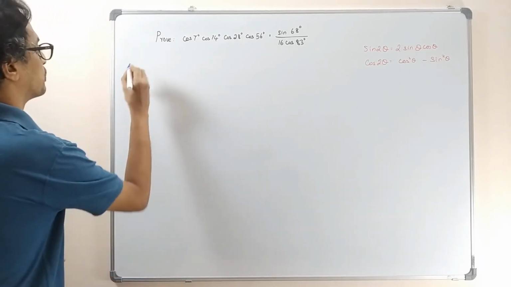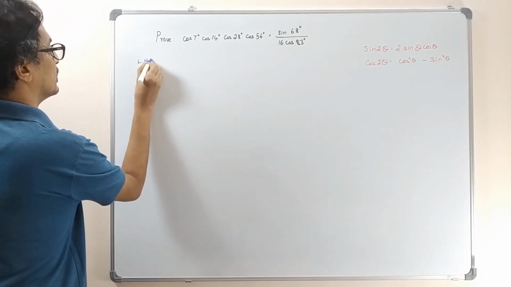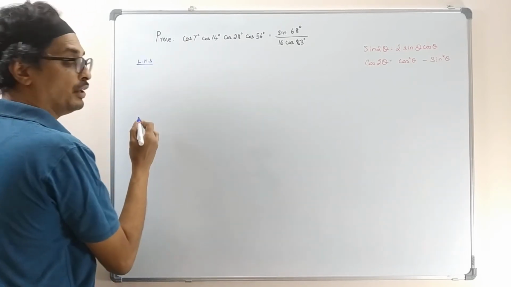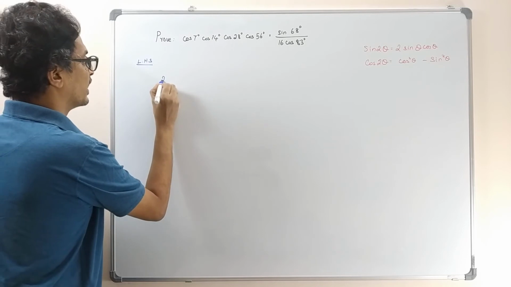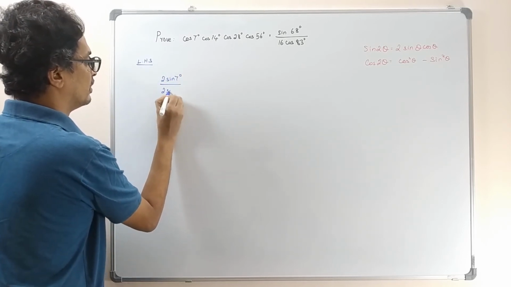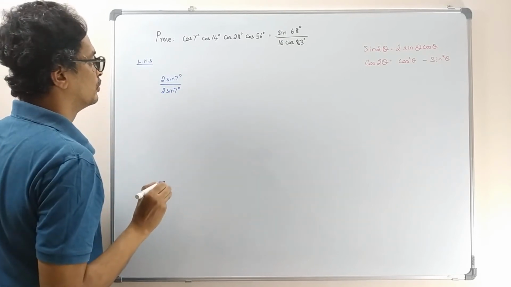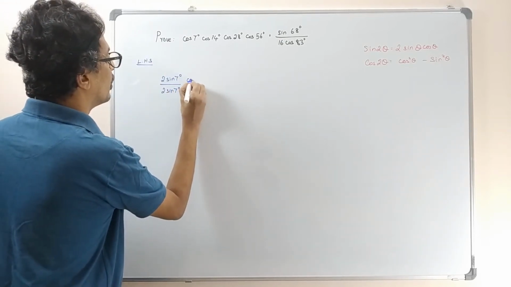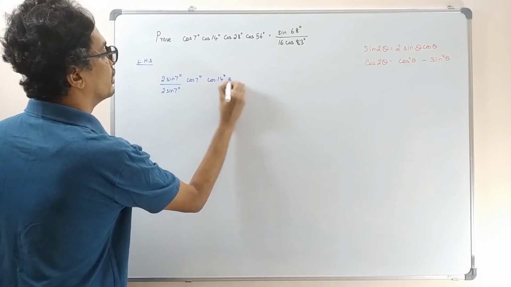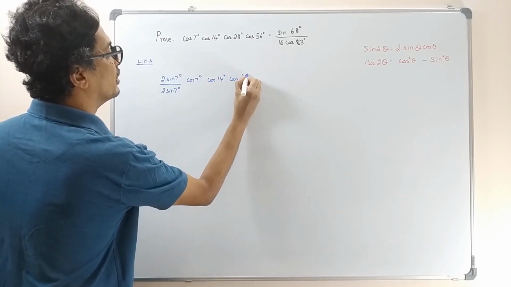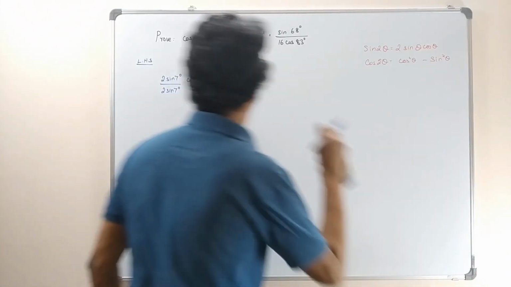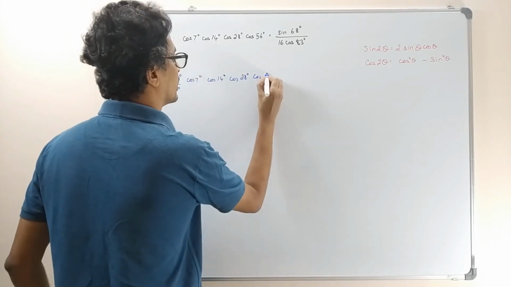So let us prove the LHS. What am I going to do? I am going to multiply and divide by 2 sin 7 degree. Then cos 7 degree, cos 14 degree, cos 28 degree, cos 56 degree.